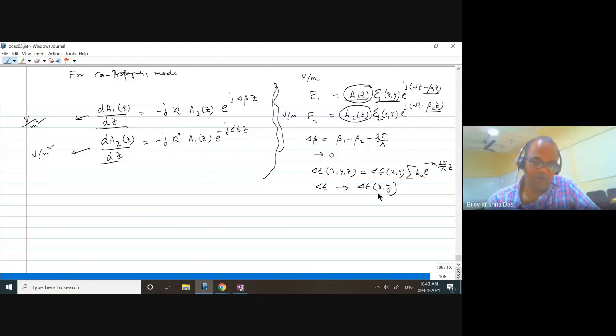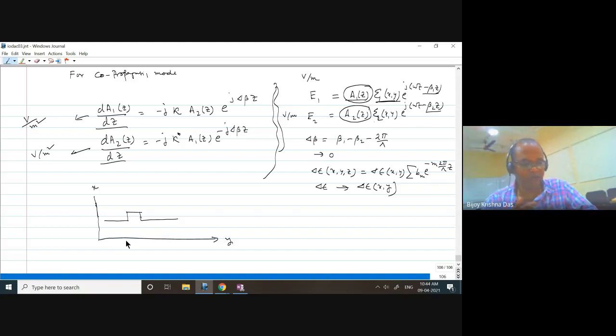Suppose you have a waveguide like this, y and x, and it is an isotropic material you are considering. This waveguide can support two modes. One mode may be in the positive direction and another in the negative direction. It can be a single mode waveguide.